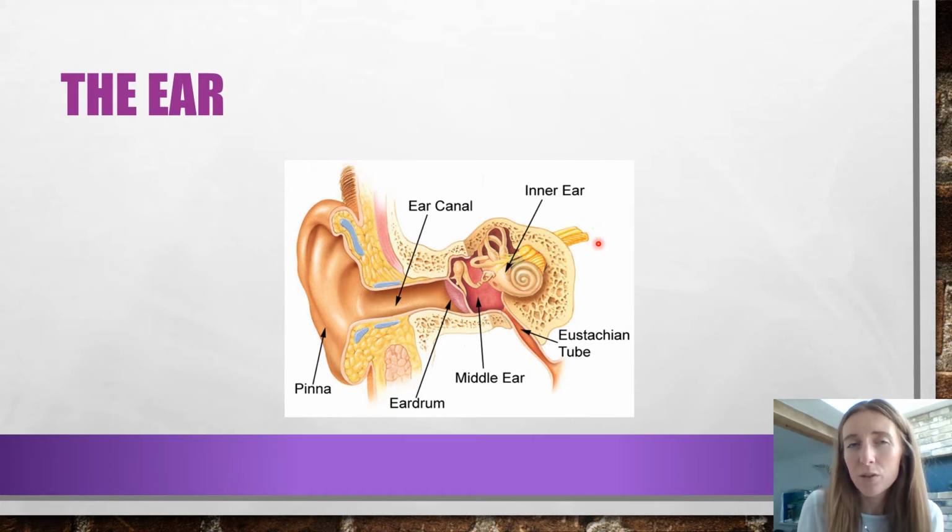So that helps us know that if someone's knocking at the door, we need to go and answer it, or if someone's calling our name, we need to turn around. So as you can see, there's lots of different parts of the ear. So it's not just the bit that we see, there's lots going on inside our heads that make up our ear and allow us to hear sounds.